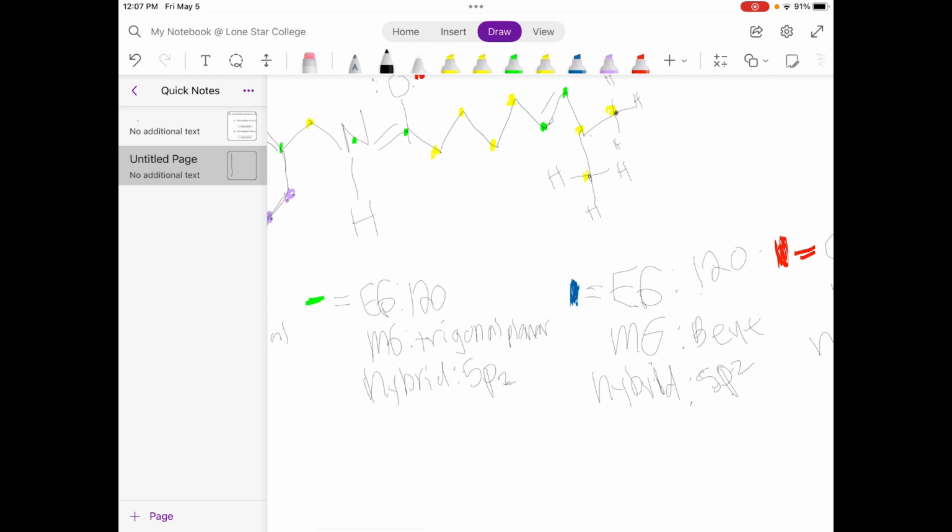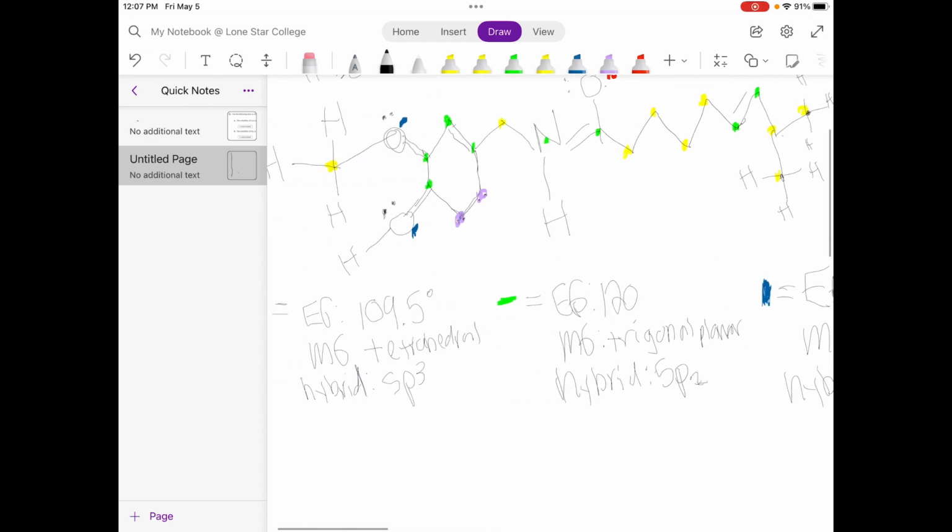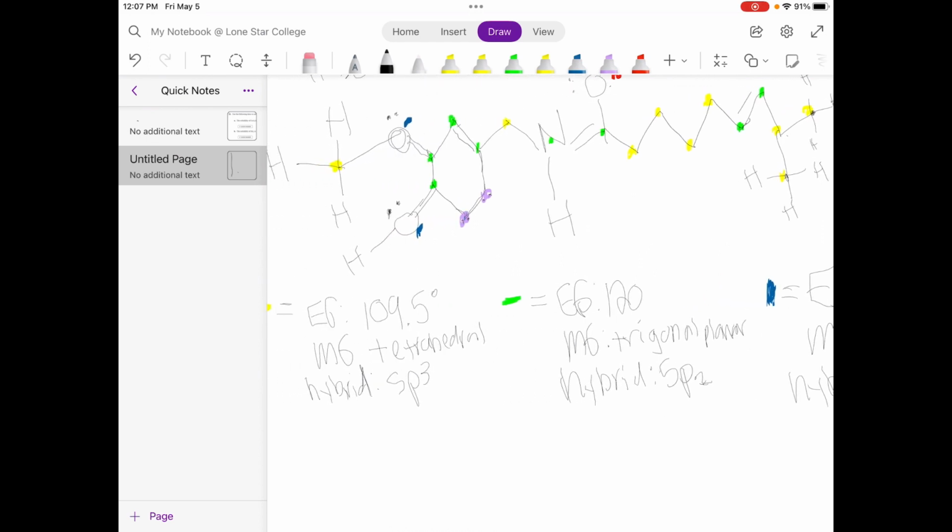Okay, let me fix. There's something wrong with my purple one. Matter of fact, I had it wrong. This is actually blue. I don't know why I wrote purple. So I'm sorry about that.